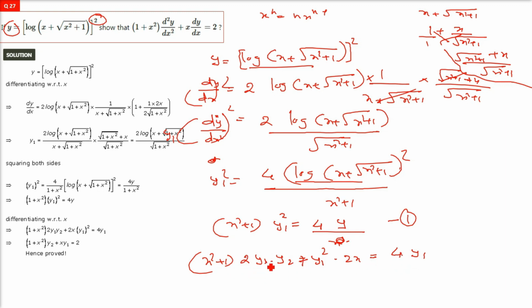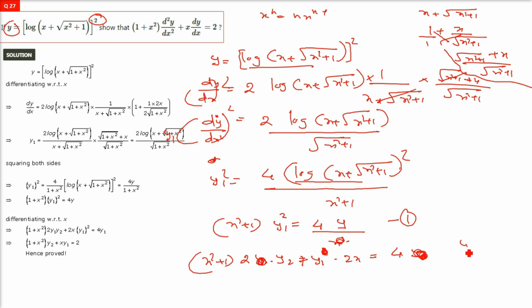So everywhere you find y1, actually 2y1 basically. So now divide everything by 2y1. Remember, divide everything by 2y1. So you'll get rid of 2, you will get rid of y1 also. So you'll get x square plus 1 into y2 plus y1 into x equals 2, and that is what exactly we wanted to show in the question.